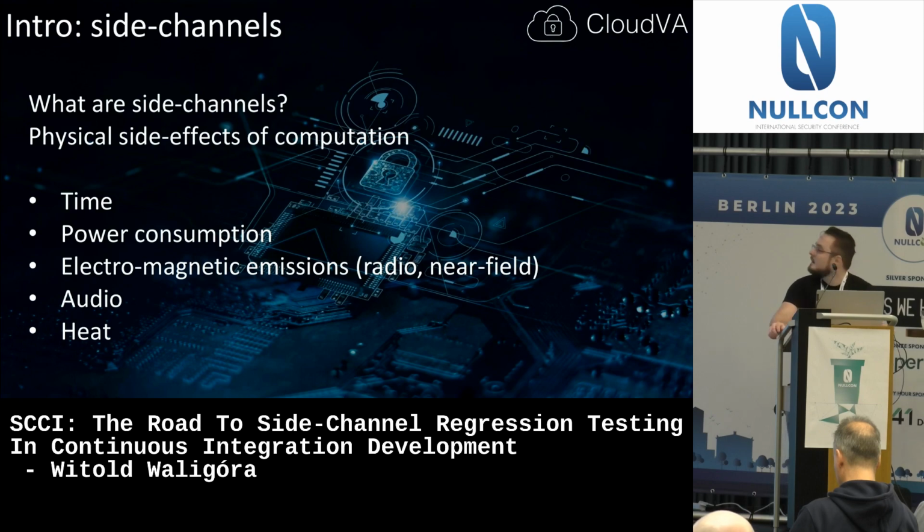Of these, for side channels, actually the first three are most useful, because audio and heat have not much resolution there. So not much frequency, not much resolution to produce. There are practical audio attacks, but they are very rare compared to the other three.